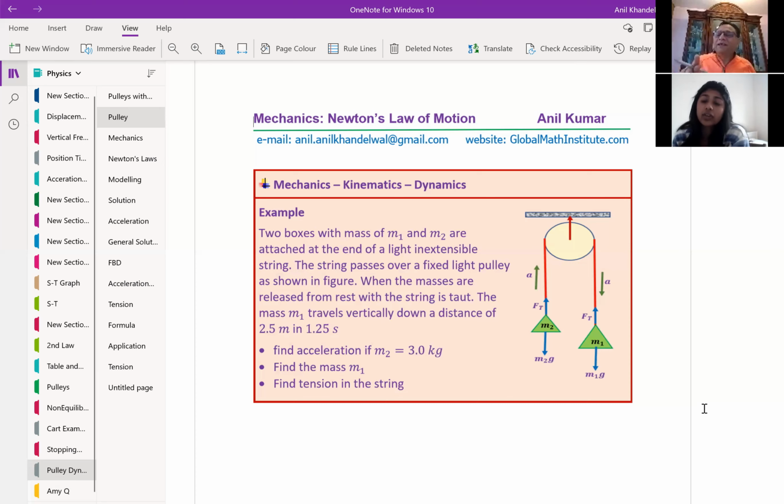It will stay in its state of constant velocity, with no acceleration. When the force is applied, the second law comes into play, and it says that when a force is applied on this mass, there will be an acceleration which is proportional to the force. And we say this acceleration is force divided by the mass. That is dynamics. You understand now? Kinematics and dynamics go hand in hand.